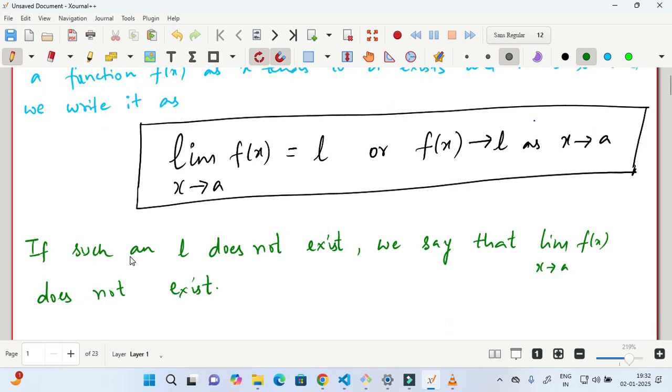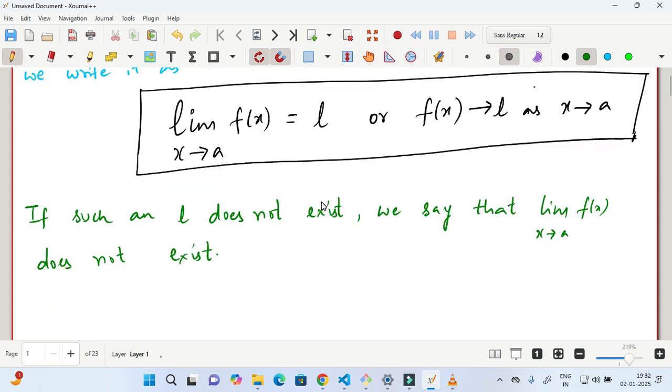If such an L doesn't exist, we say that the limit of f of x does not exist. For example, let's say the function is x plus 1 by x minus 2 and the limit as x tends to 2.